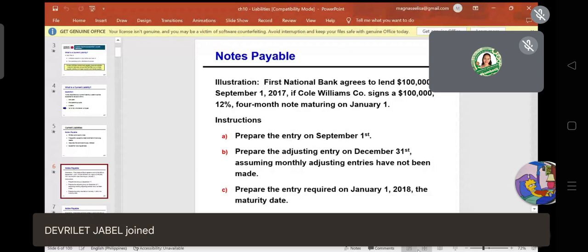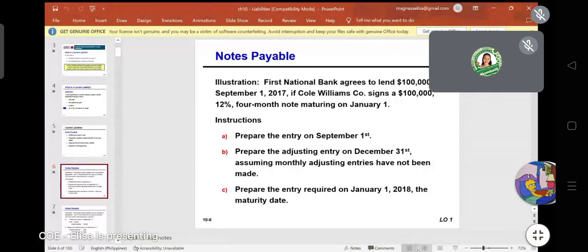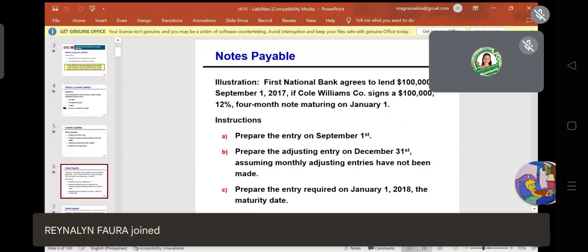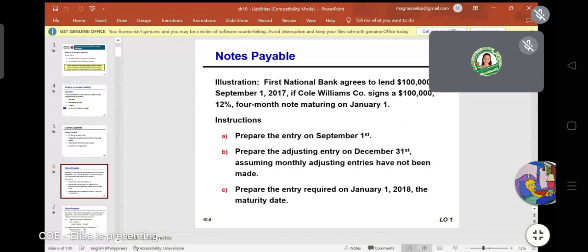But we have to take note that by December 31, we have to close our books, so on that date, December 31, we have to recognize our interest payable. That's the second entry, the adjusting entry to recognize the interest payable. And the third entry will be on the date of payment. With that, we close the transaction of the notes payable.